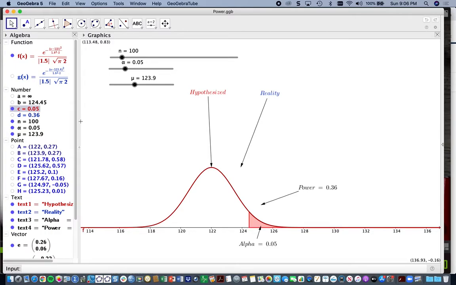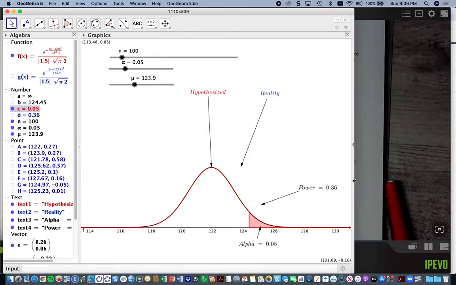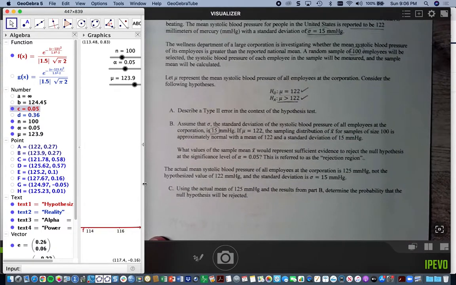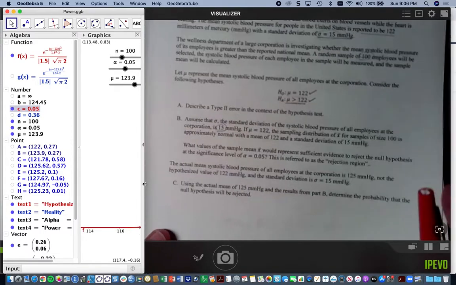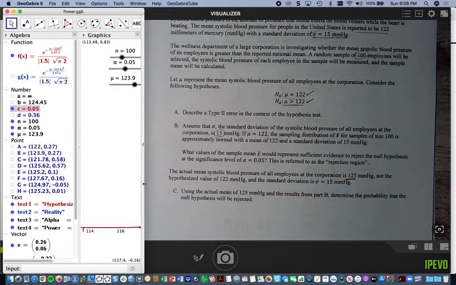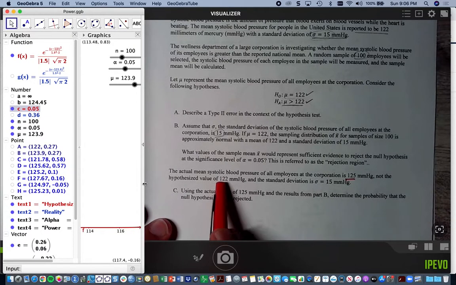Now, in reality, the mean is not that. Let me go back to the document. So now it says the actual mean systolic blood pressure of all employees at this corporation is really 125, not 122.